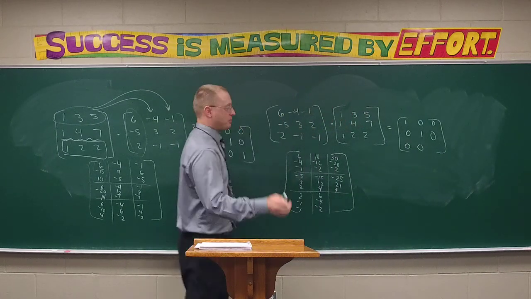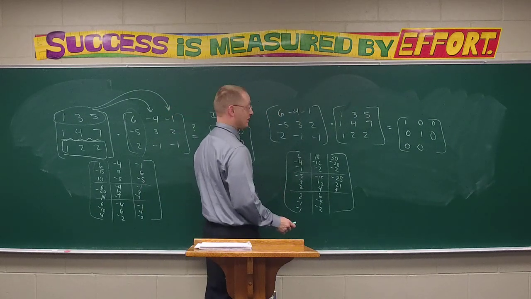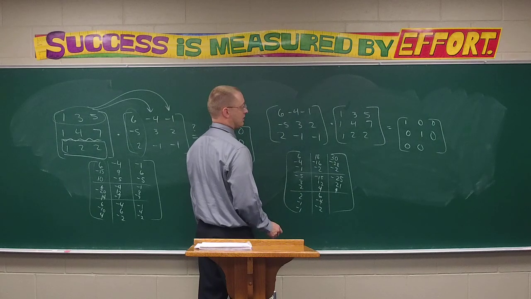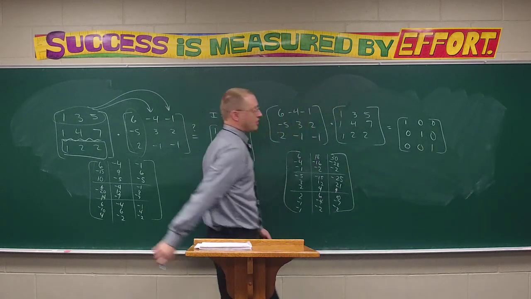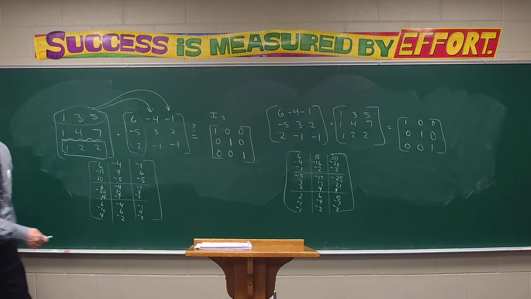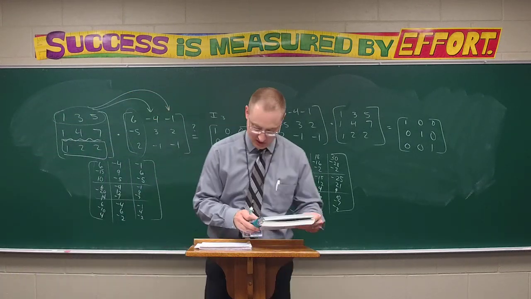And we come down to the last one, Genesis. 10, -7. And sure enough, it's a 1. So, are they or are they not multiplicative inverses? Class? Yes, they are. No matter which way you multiply A and B, they will produce the identity matrix.